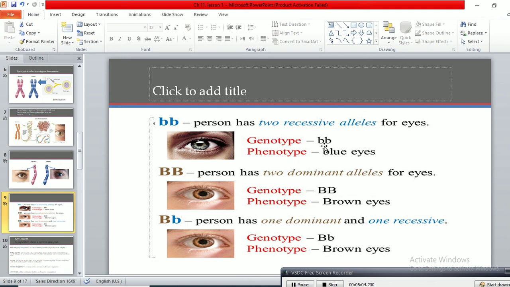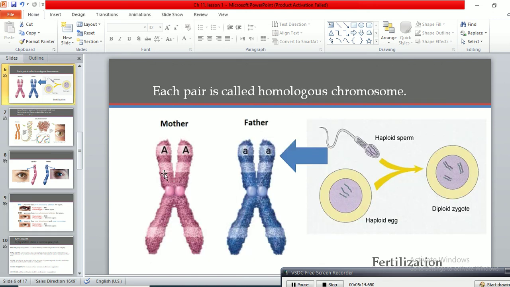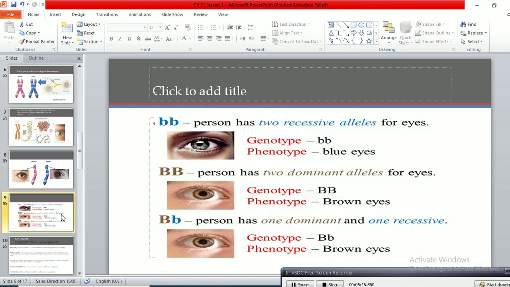According to the nature of the allele, whether it is recessive or dominant, this will influence the phenotype that will appear later on. If we say that the brown eye is dominant over the blue eye, then for the brown eye to appear, at least one of the two alleles has to be capital B, dominant.